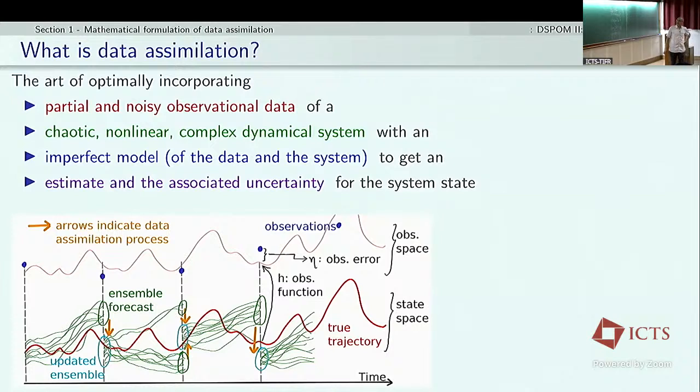So the imperfect model, of course, incorporates characteristics like chaotic and complex and so forth. And we want to combine all of this, data and the model, to get the estimates and, of course, the associated uncertainty for this estimate. Okay, this is my favorite thing. Estimate the temperature in this room.